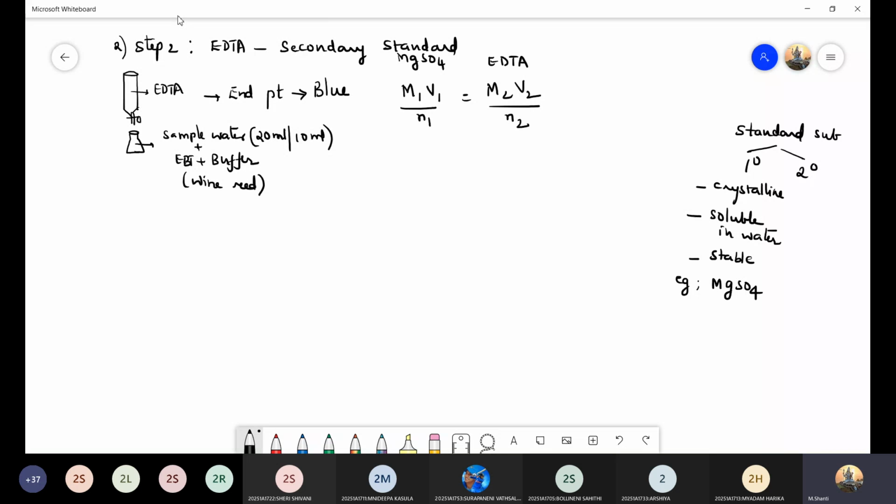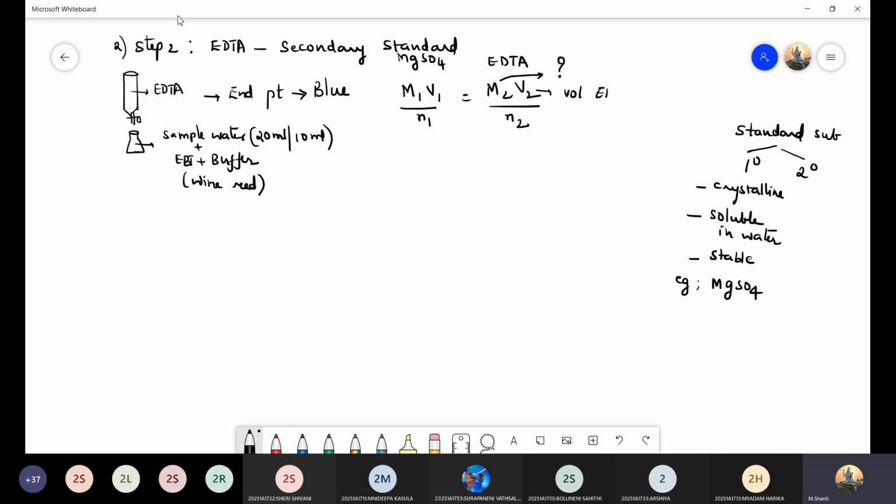Now coming to the right side, you have M2, V2, N2. M2 is the molarity of EDTA. Do you know the molarity of EDTA? We don't know. We are going to calculate it now. And V2 is the volume of EDTA.